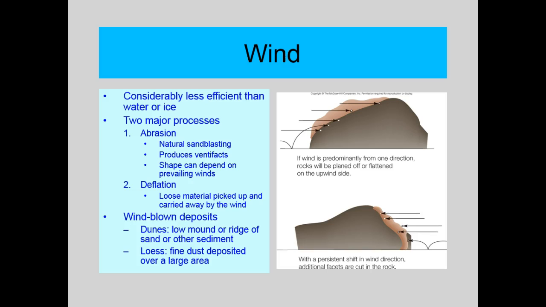Okay, and here's one of the ventifacts, is that if you have a predominant wind from a predominant direction, and most of us have that, the vast majority of our winds come from the west because of where we are on the globe, okay? I should bring the globe in. I hadn't thought about that for today, but I probably should have.